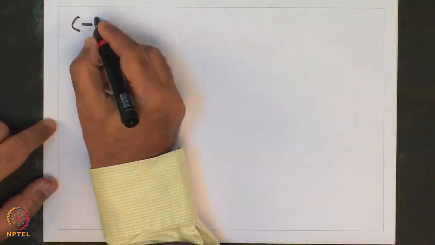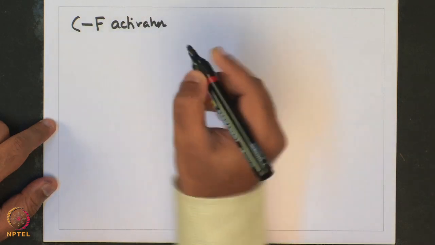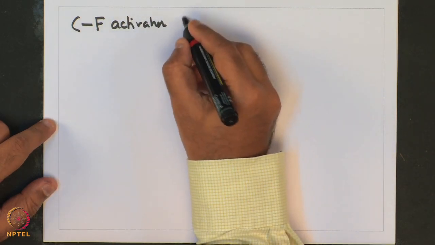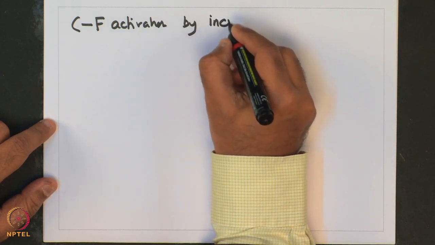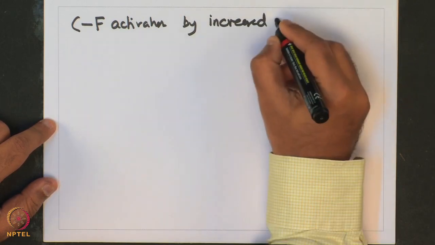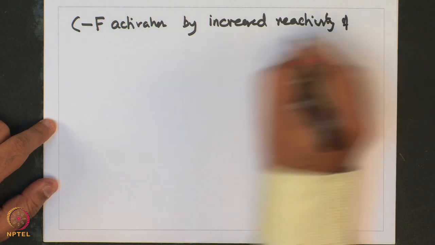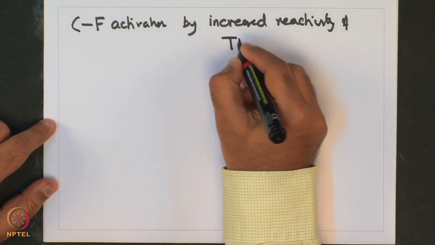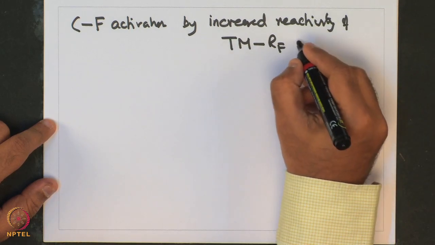For example, in this example CF activation is achieved by increased reactivity of transition metal RF moiety.